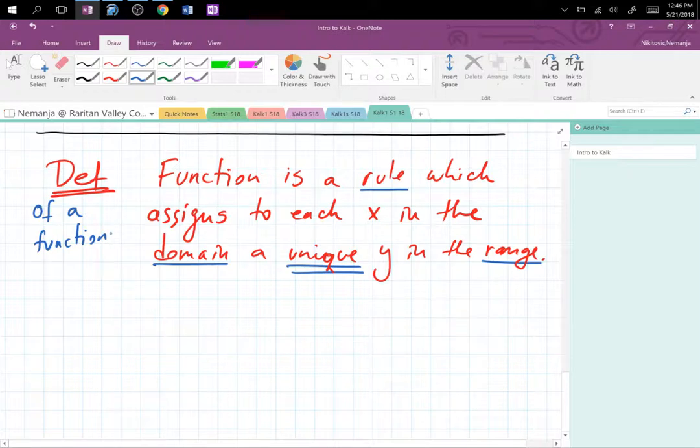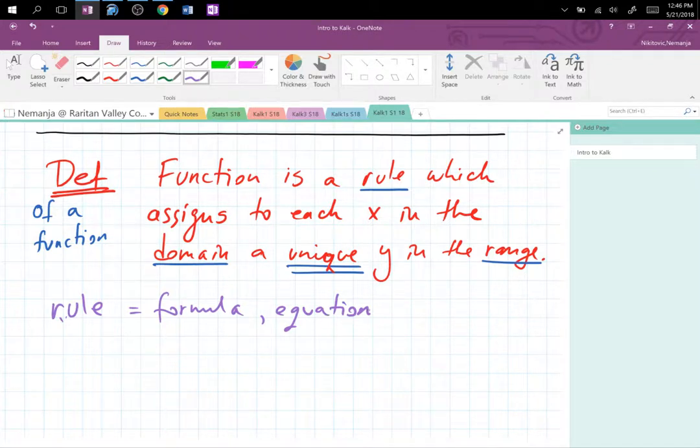So a function is a rule. What do I mean by rule? Rule is a formula, an equation. We had it earlier, y equals 12x to the 9, right? It's a formula that relates x and a y. So that is a rule.